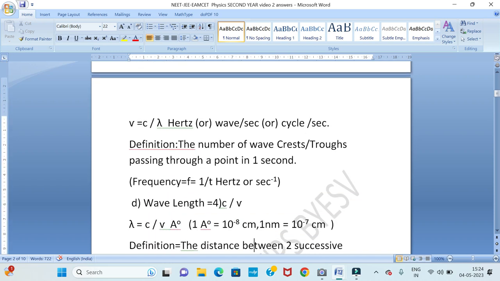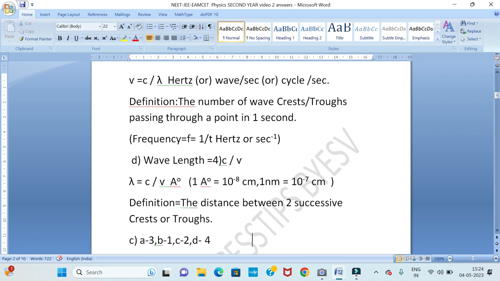Wavelength we already know. Here the units are angstrom units. 1 angstrom is equal to 10 to the power of minus 8 centimeter. 1 nanometer is equal to 10 to the power of minus 7 centimeter.